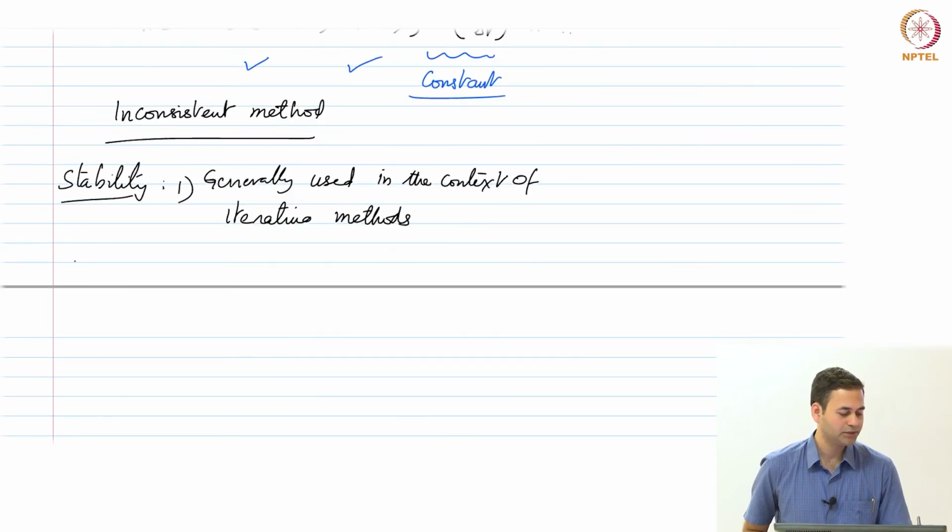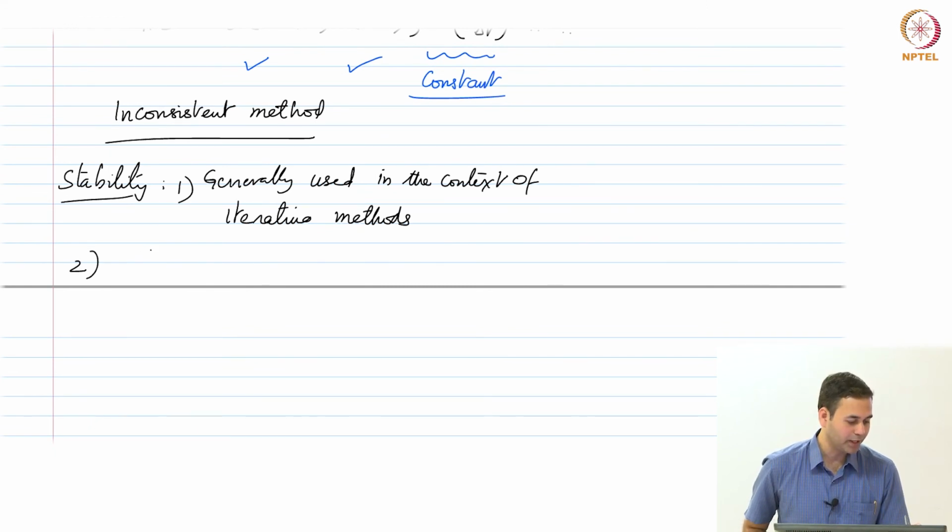Any guesses on what is stability? We just said that it is used in the context of iterative methods. Convergence, essentially we do not want the errors to grow from iteration to iteration, right. If the errors remain the same or decrease, then we call a particular iterative method as stable.